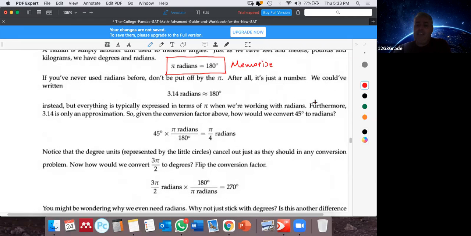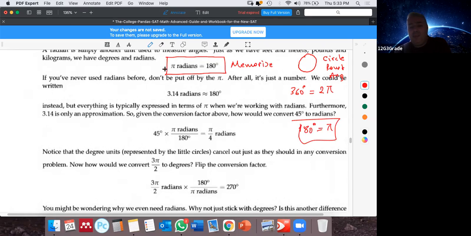It's easy to memorize like this. If you have a circle or round angle, you know that this is 360 degrees, and 360 degrees is always 2 pi. If 360 is 2 pi, 180 is pi.